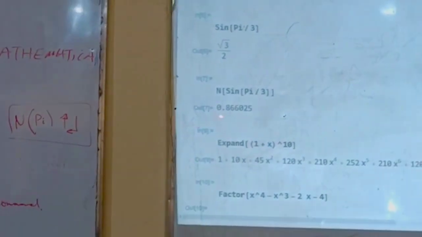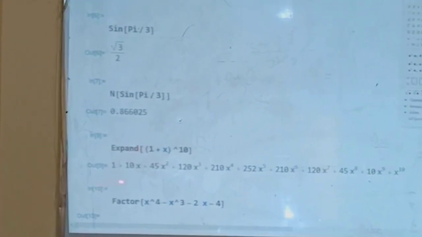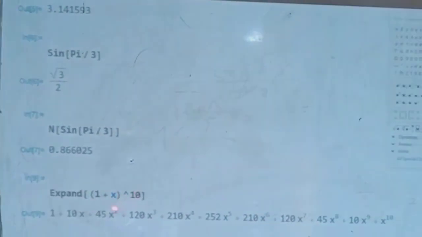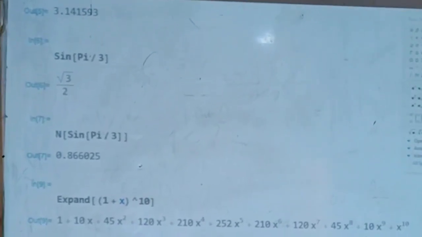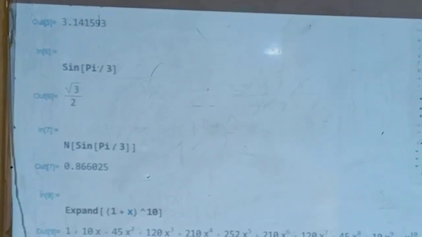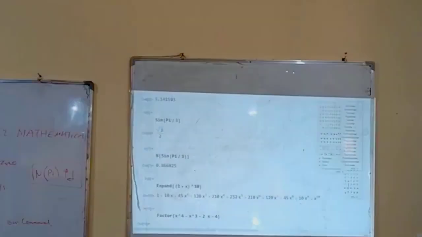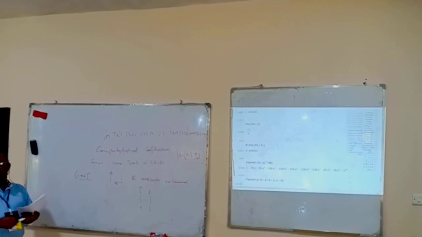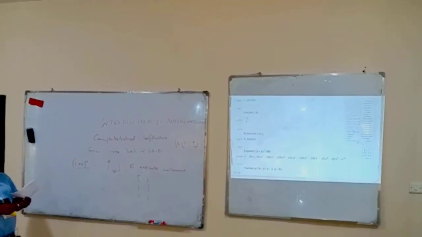Now, let's see. You can use it to expand. Like here I have 1 plus x raised to power of 10. When you go on to learn it, there are functions, like in equation editor, that you don't need to use that. Like what I have, 1 plus x raised to power of 10. That is what is there. And we want to expand it.